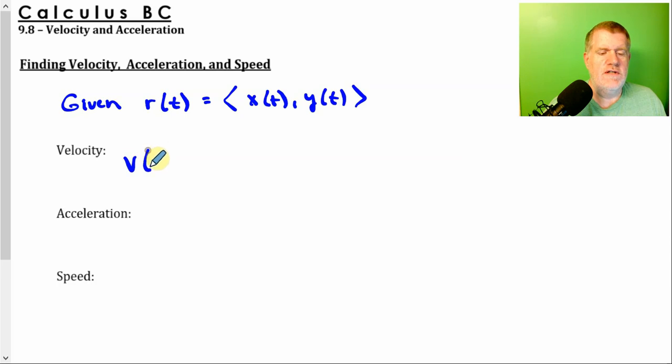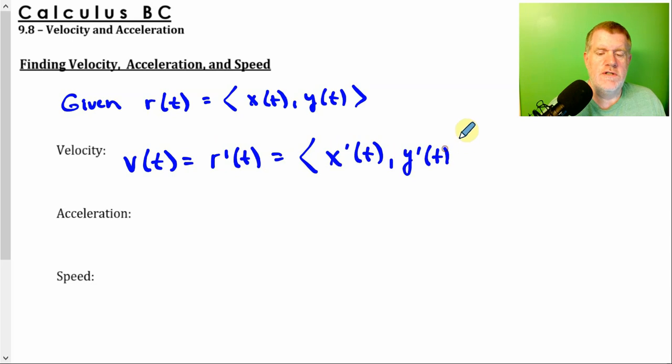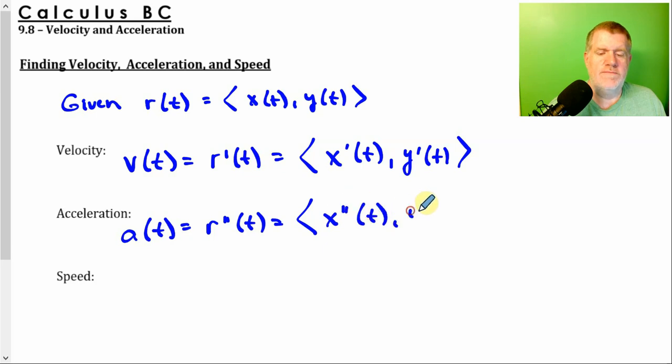Well, the velocity is just like the velocity of position in a regular function. It's just its derivative. So the derivative of the x component, derivative of the y component, velocity. Acceleration, again, the same thing, the derivative of velocity or the second derivative of position. And that's what we got.